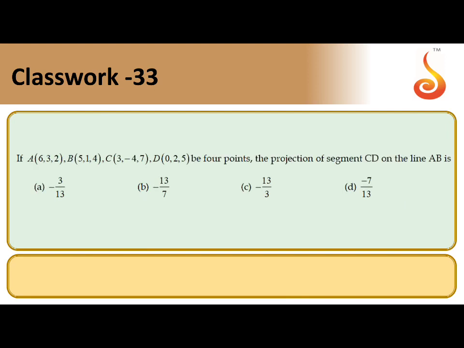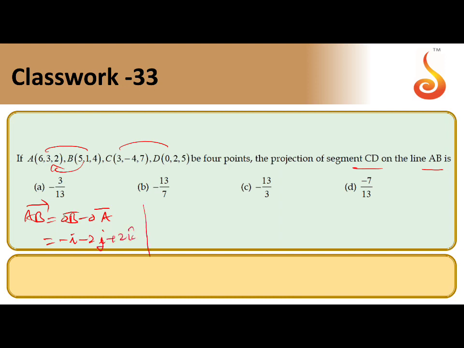If A, B, C, D are 4 points given, then find the projection of CD on the line AB. So you have to find the CD vector and AB vector. First find the AB vector. AB vector means OB minus OA. So this minus this gives (5 minus 6) i, (1 minus 3) j... (4 minus 2) k.